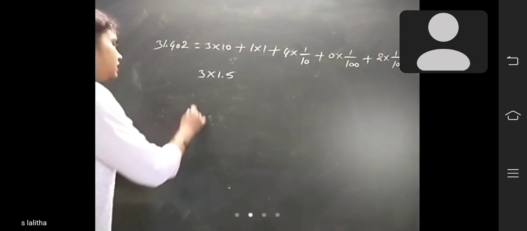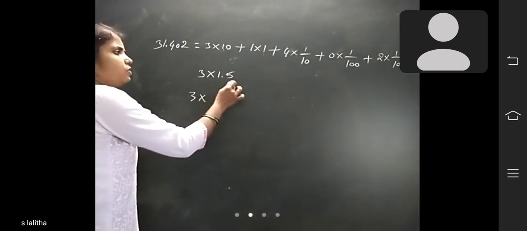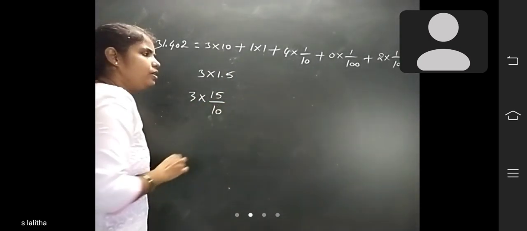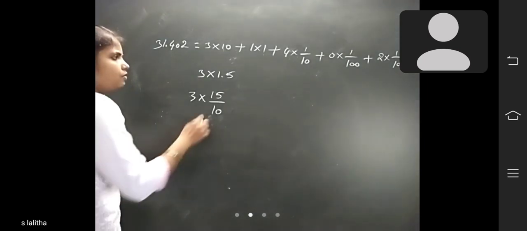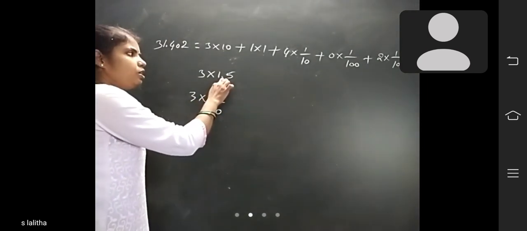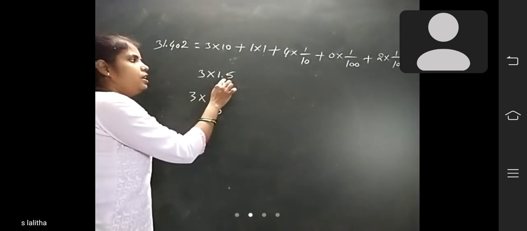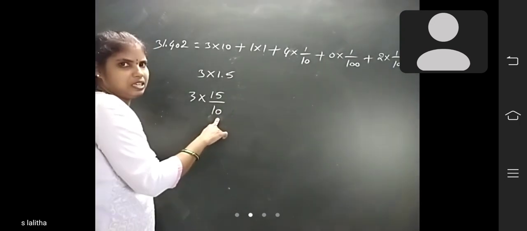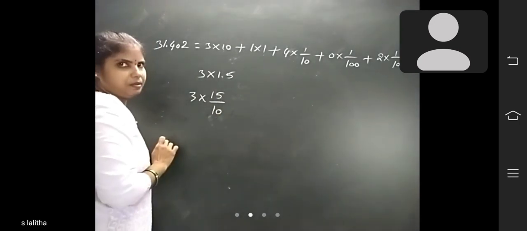The first method: 3 into 1.5, which can be written as 15 by 10. Can you write like that? Yes, 1.5 can be written as 15 by 10. So you remove the decimal point, 15. Here the decimal point is after only one digit, so you should write 10. So 15 by 10.